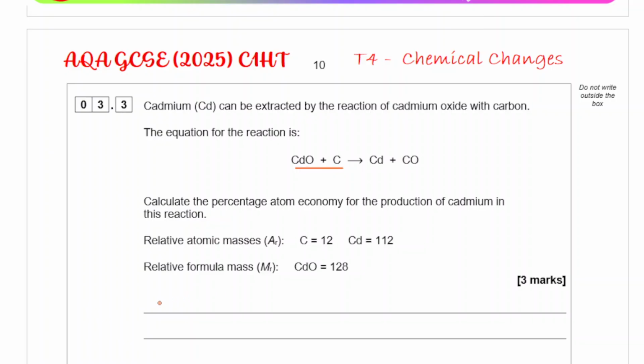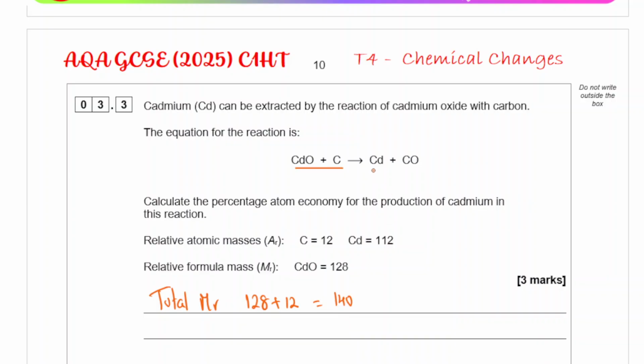So cadmium oxide plus carbon, total Mr, molecular mass, is 128 plus 12, which is of the reactants. That gives me 140 grams.